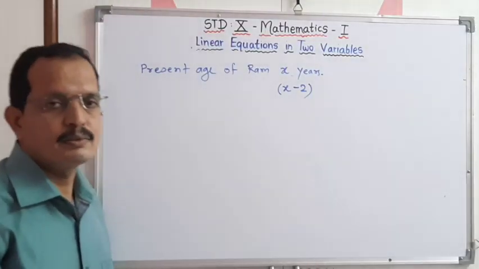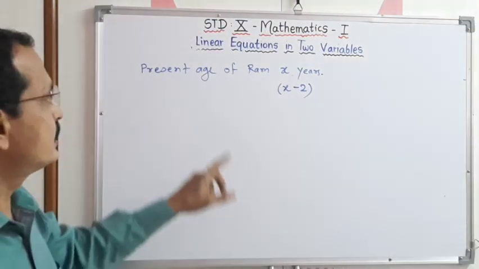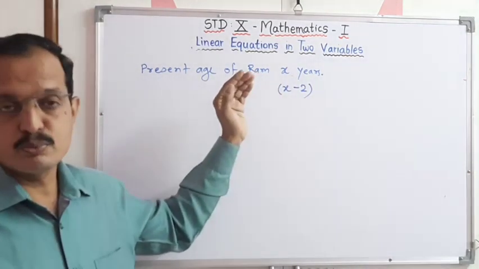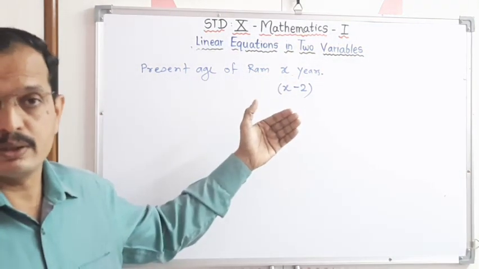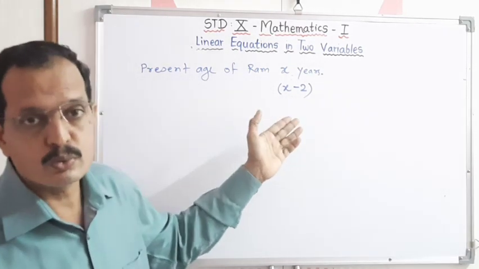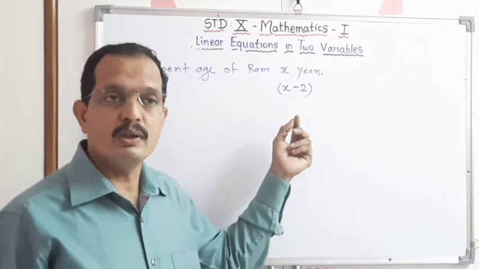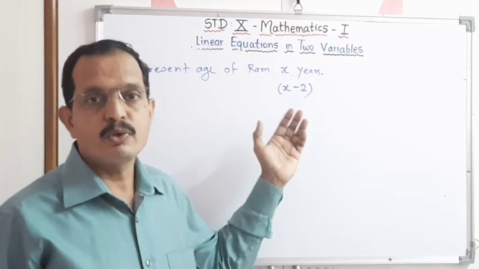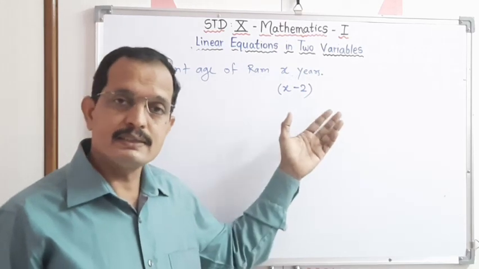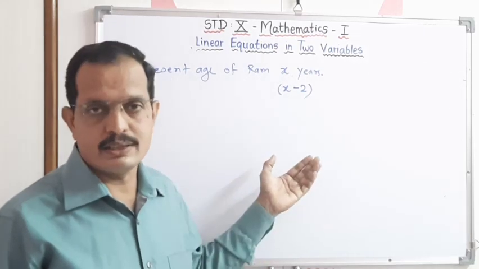Therefore, x minus 2 was the age of Ram 2 years before. That means to find the age of any person 2 years before, we subtract 2 from the present age. If we have to find the age of any person 6 years before, then from today's age we have to subtract 6 years.